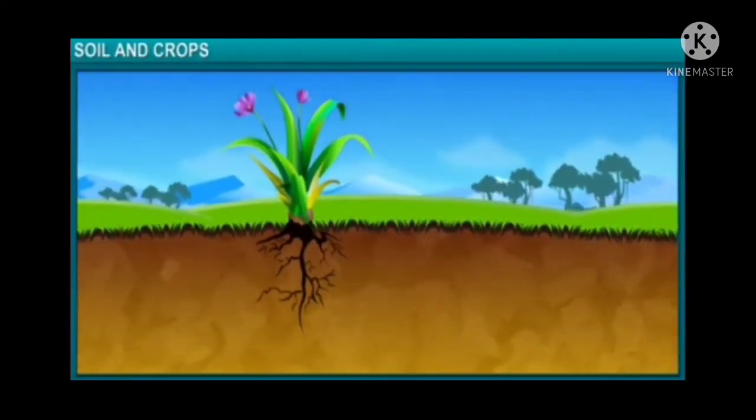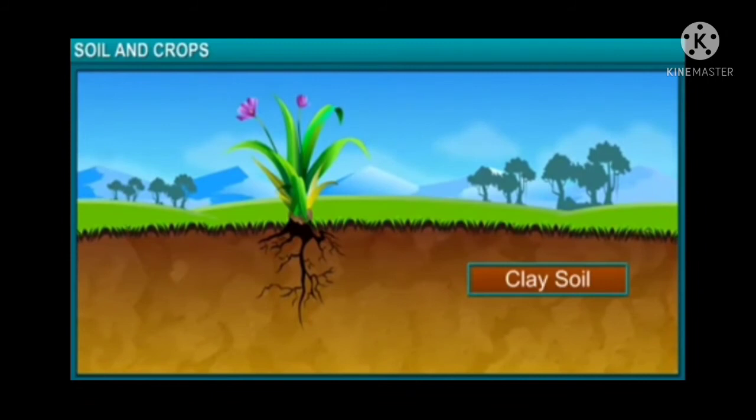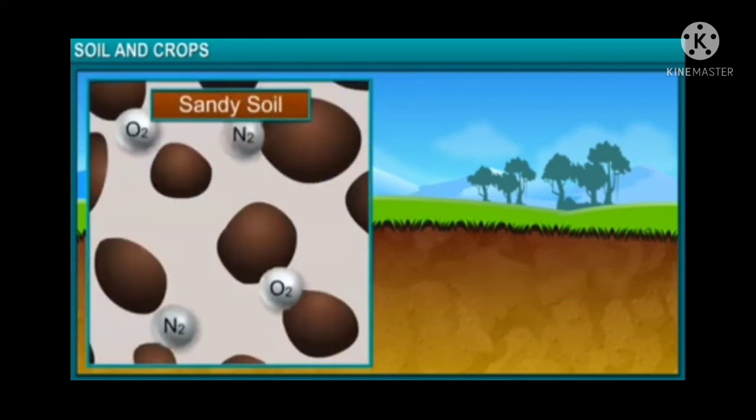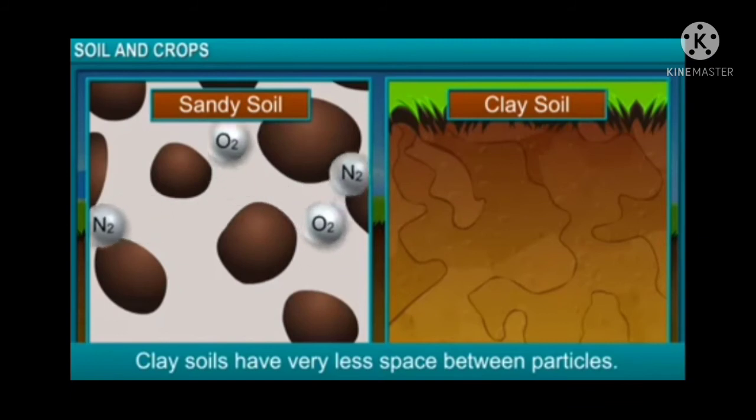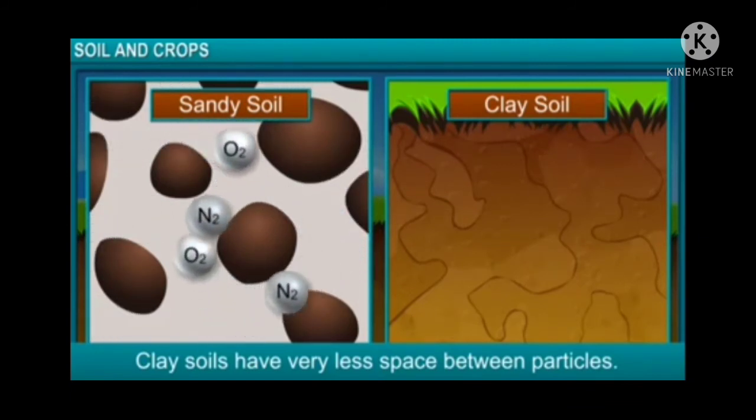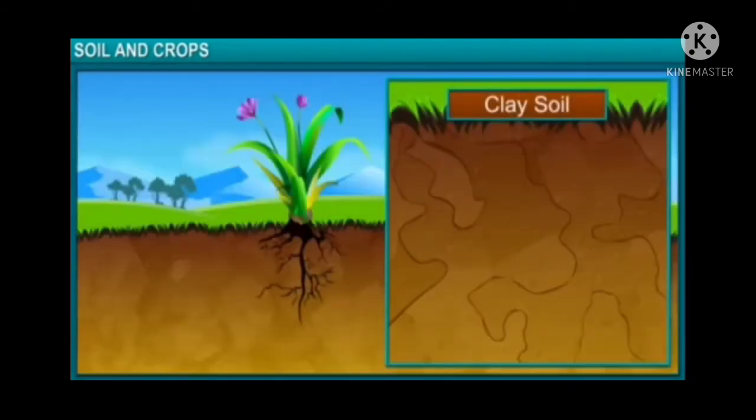Next soil is clayey soil. If the soil contains relatively higher proportion of fine particles, it is the clayey soil. Unlike sandy soil, clayey particles being much smaller pack tightly together, leaving little space for air.